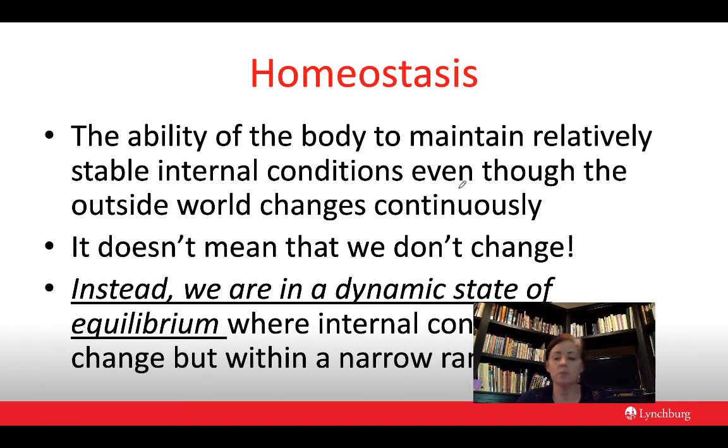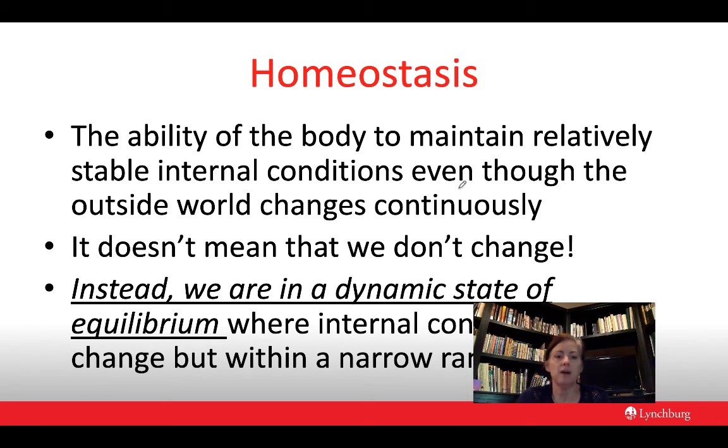This brings us to homeostasis. Homeostasis is our body's ability to maintain a relatively stable internal environment, even though the world outside of our body is constantly changing. This doesn't mean that we don't change at all, because we do have some changes.